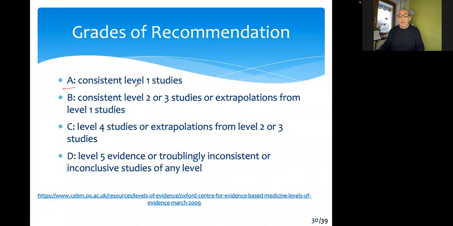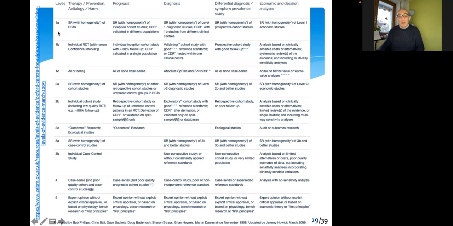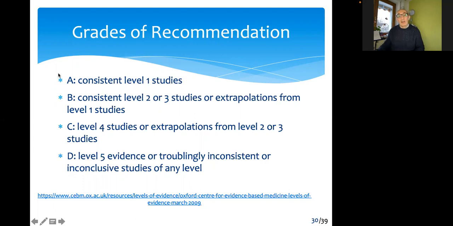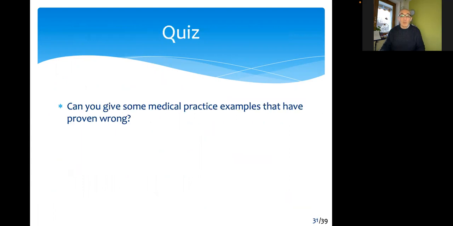Grade A means consistent level 1 studies, so here we have level 1A, 1B, 1C. If there are many consistent level 1 studies, then you can conclude on a grade A recommendation. Then we have the grade B, C, and D levels of recommendations. Of course, as we go from A to D, the strength of the recommendation becomes weaker.